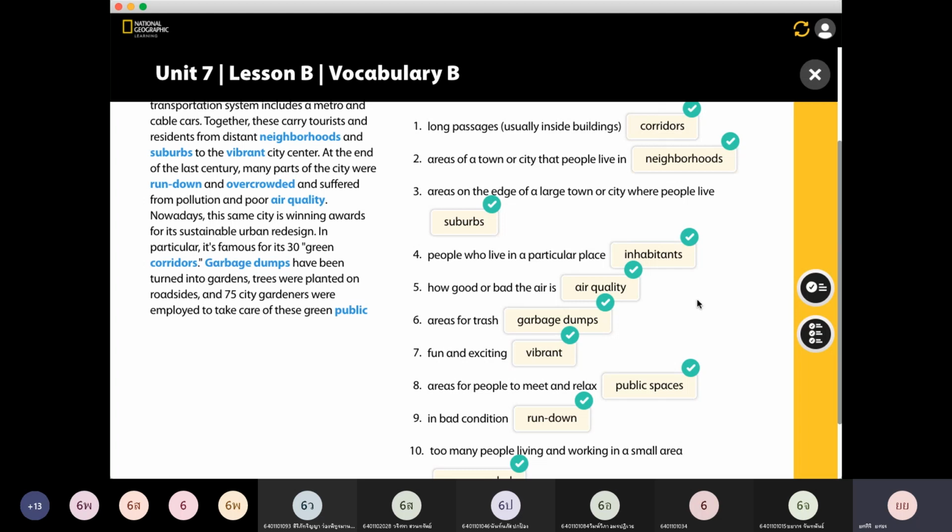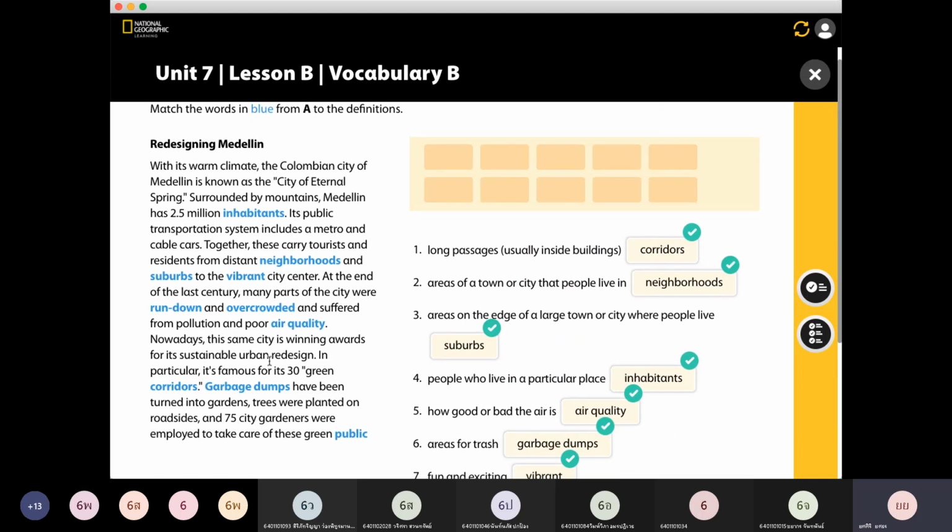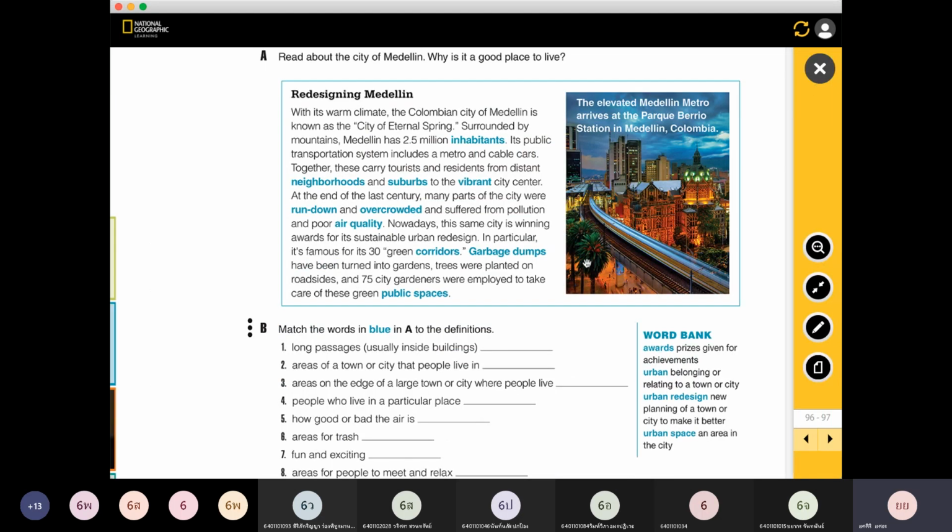The words here give general ideas, an overview of the city. So you can use these words to describe a particular location.